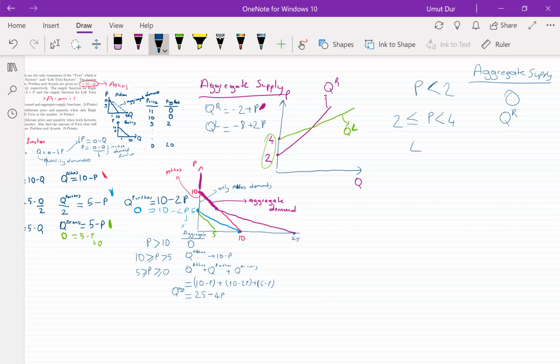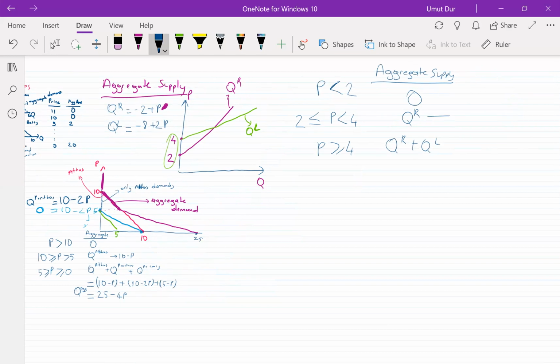And when the price is greater than or equal to 4, then the aggregate supply will be QR plus QL. Mathematically, it is minus 2 plus P, and this will be minus 10 plus 3P.